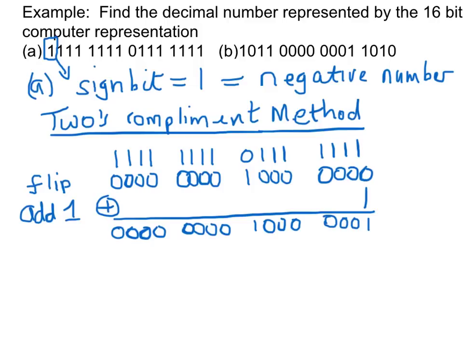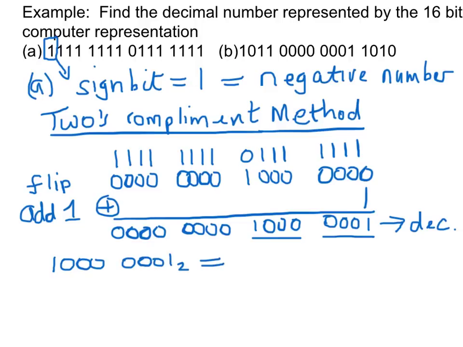Next step is we take this number here and we convert it to a decimal number, and it's going to be a positive decimal number. Now, it's just this many digits you're going to have to enter, so you can do it directly on your calculator, and what you'll discover is that 10000001 in base 2 is actually equal to 129, the positive number 129.